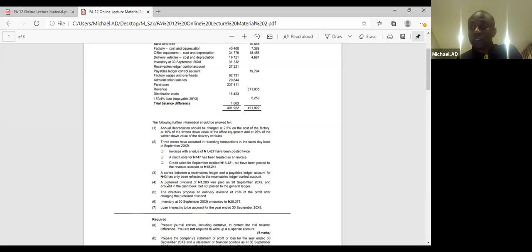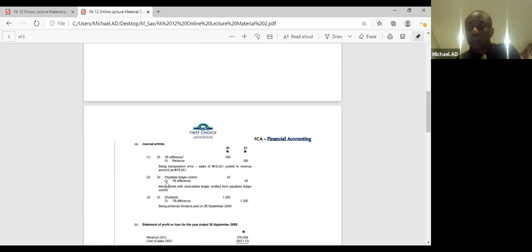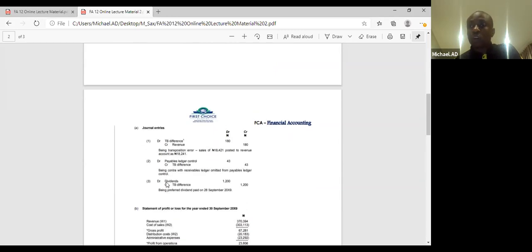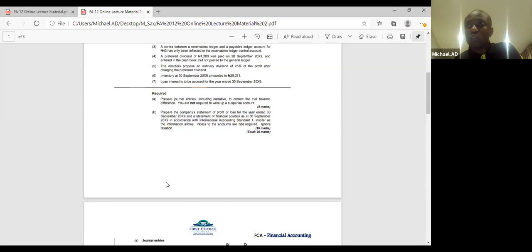We debit our payable ledger control account with 43 Naira, and we debit our trial balance differences with 43 Naira.